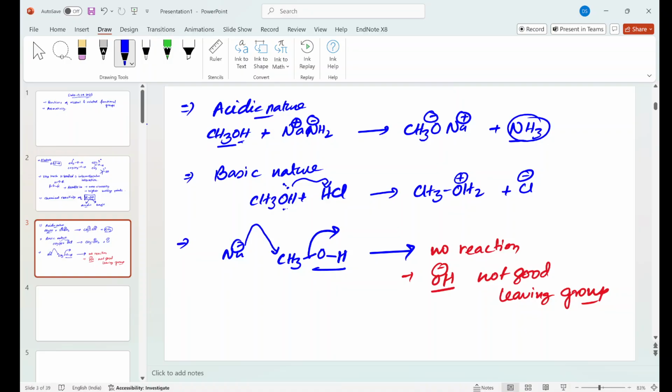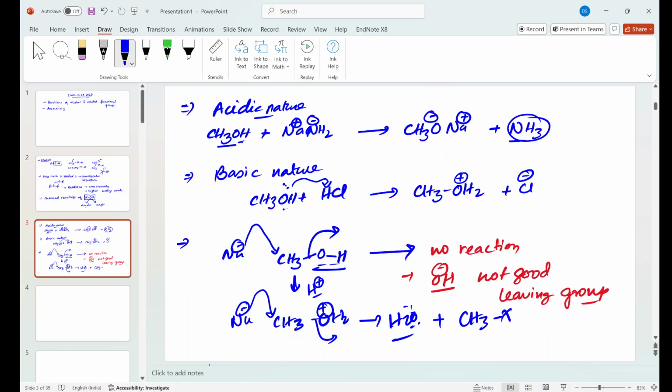In this case, we generally do it by protonating the oxygen. If you take some acidic medium here, then you can have CH3OH2 plus, it will be positive, and then any nucleophile can attack here and remove the water, plus you have this CH3X or something.